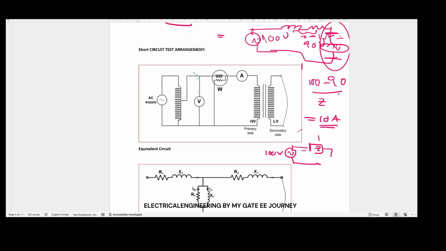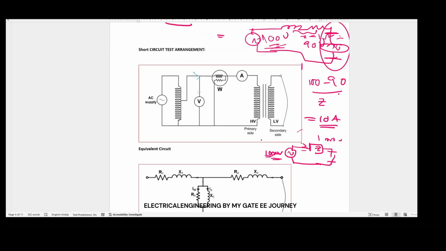If you keep 100 volts, it will draw 100 amps, which can damage the circuit. But our rated current is only 10 amperes. To flow 10 amperes, we need only 10 volts instead of 100 volts. That is the reason we need a lower voltage rating source with this much current in the SC test.